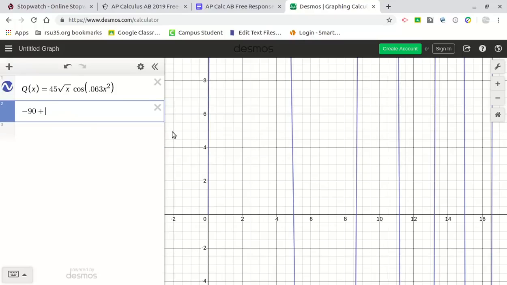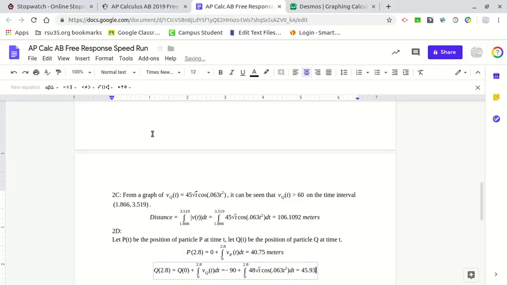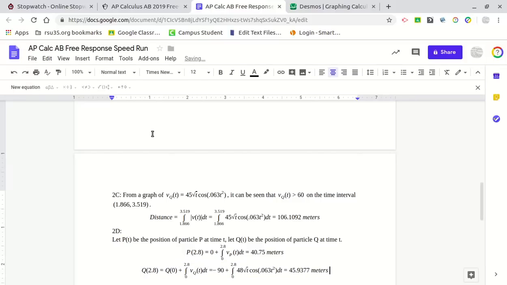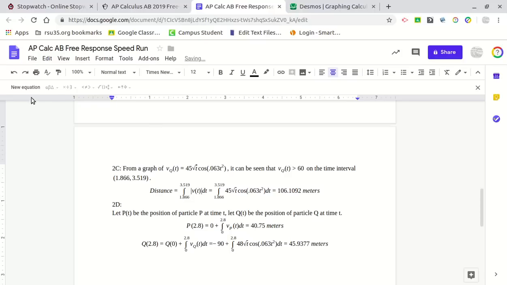So -90 plus the integral from 0 to 2.8 of x of t dt, 45.9377. I also don't know how many decimal places they want, but okay. And then the distance is the absolute value of the difference of their positions.